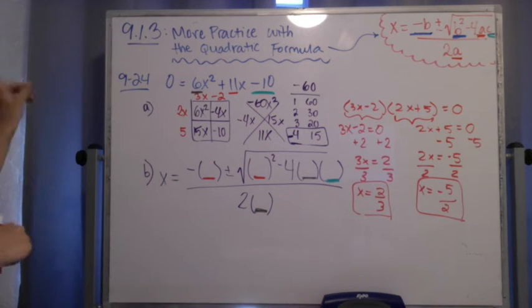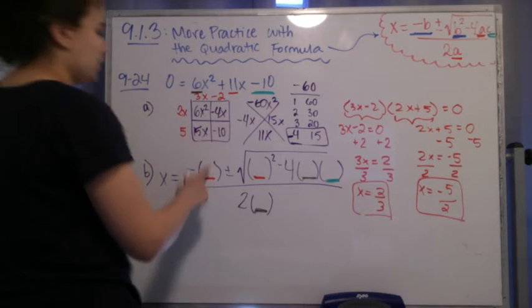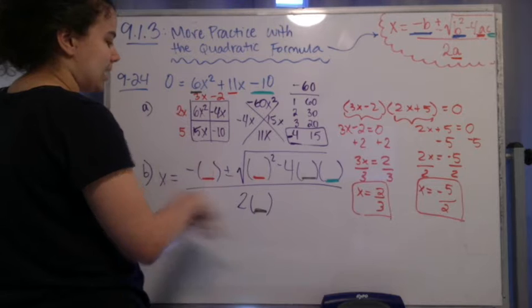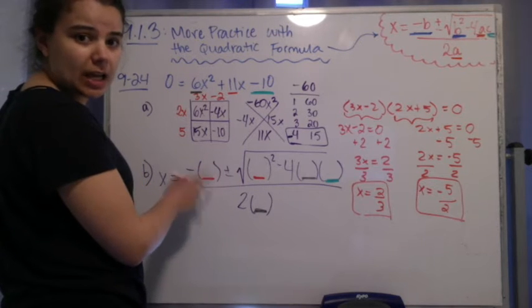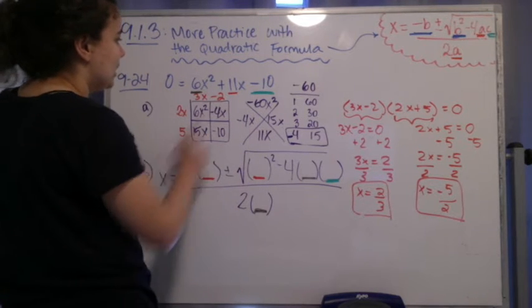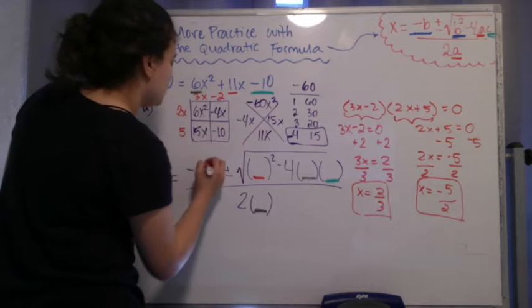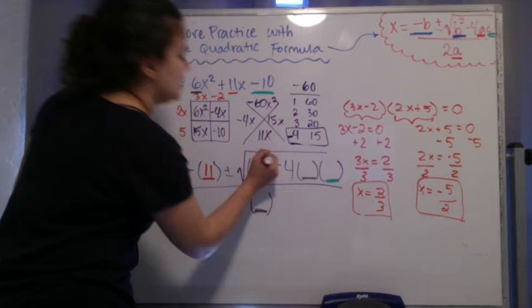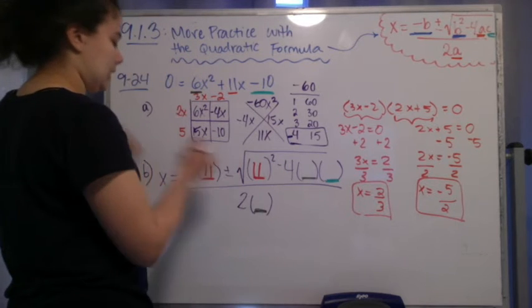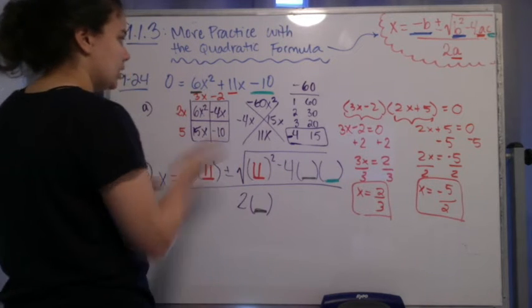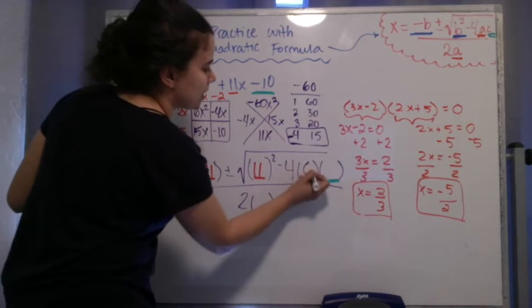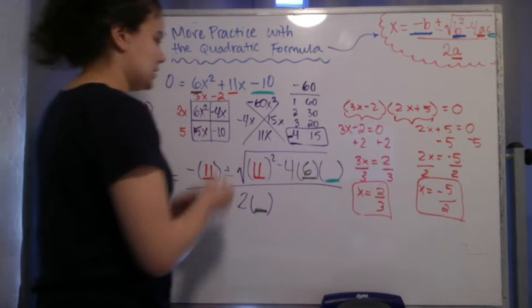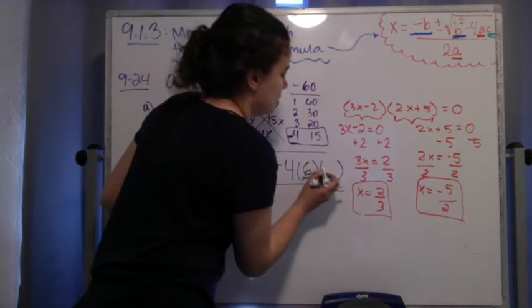Alright, part B, we're going to use our quadratic formula. So I've color-coded it and set it up. Remember, I always recommend setting it up with these parentheses so that you don't miss any negatives. We're going to have negative b plus or minus the square root of b squared minus 4 times a, which is 6, so 4 times 6, times c, which is negative 10.